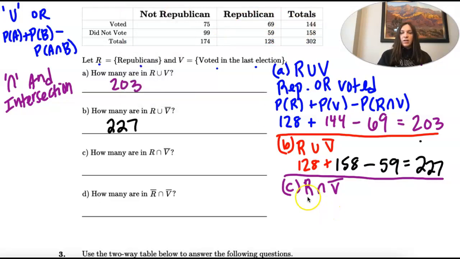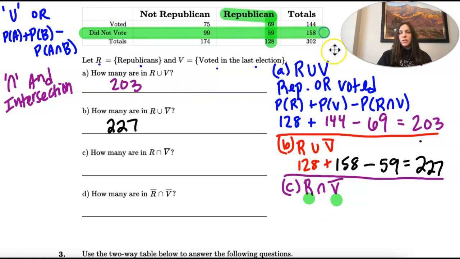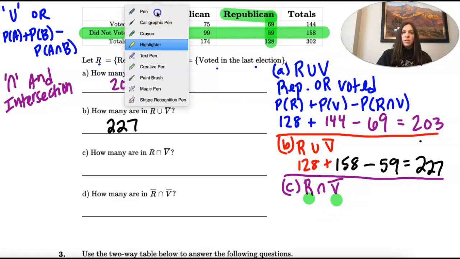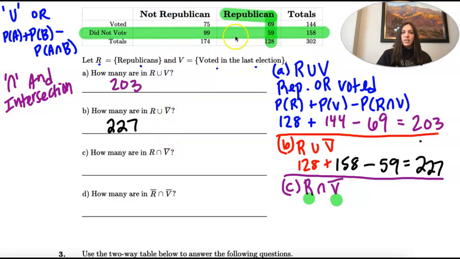So we're looking at Republican, so that's this column, and then not V, so did not vote, because V means vote. Okay, so this one, because it's and, it's the intersection. There's 59 people that are Republican and did not vote. It's just on the table, there's nothing to figure out.